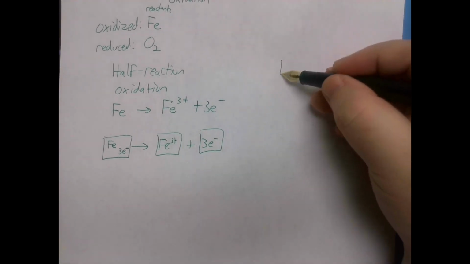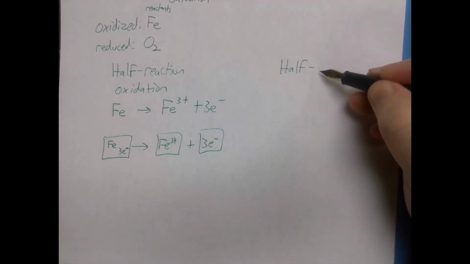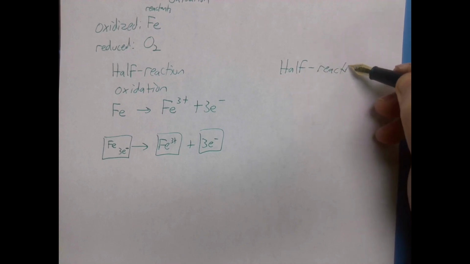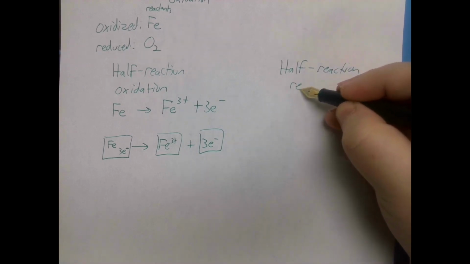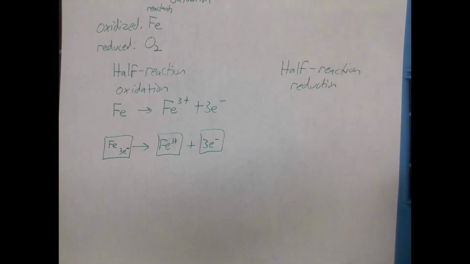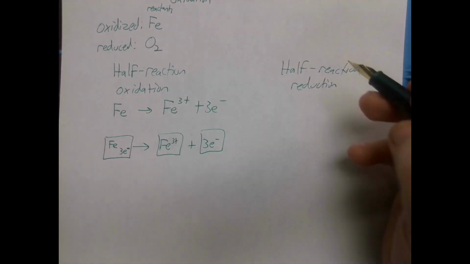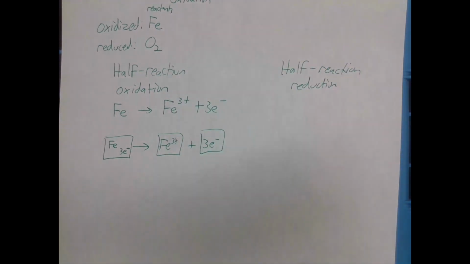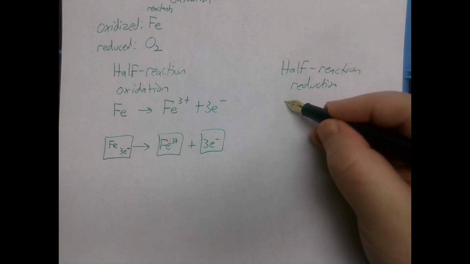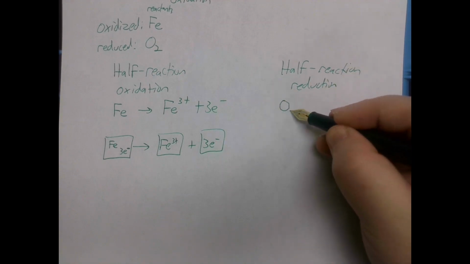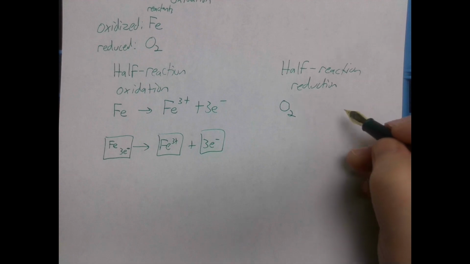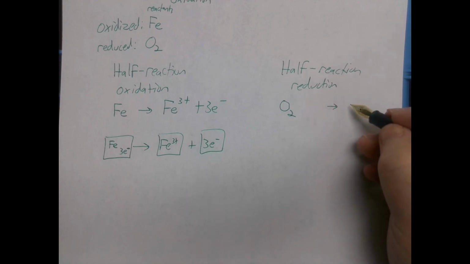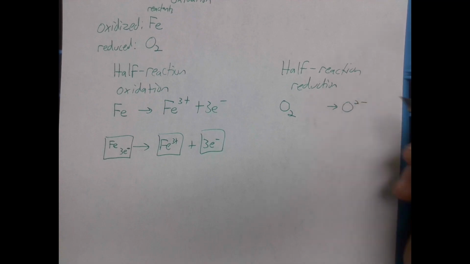What about the half reaction? For the reduction, we know our chemical involved is O2, so it's going as O2, and it's being converted into O2 negative.